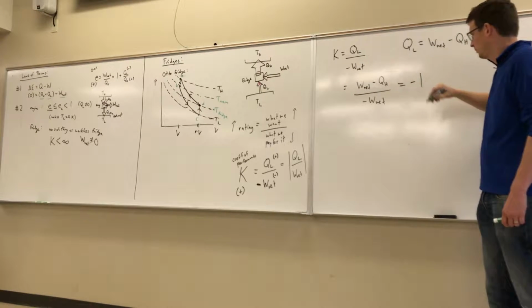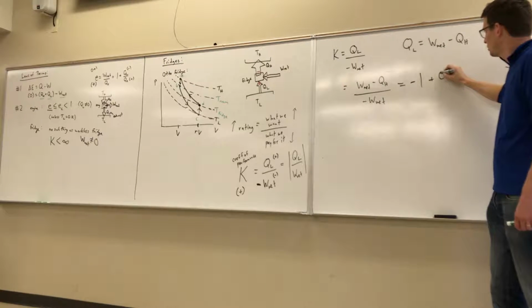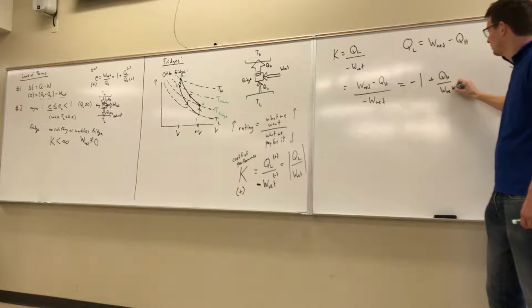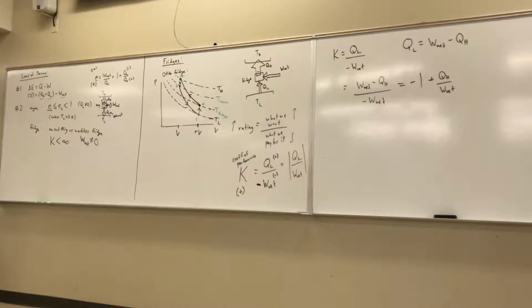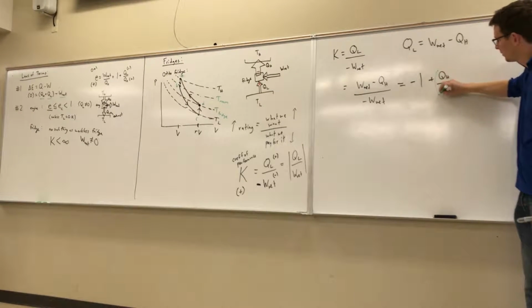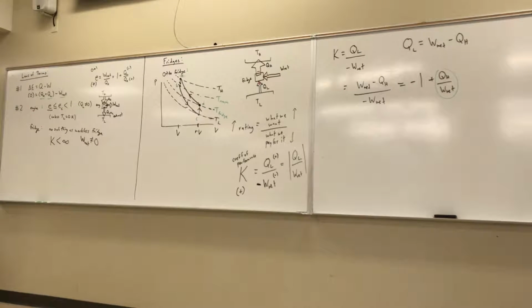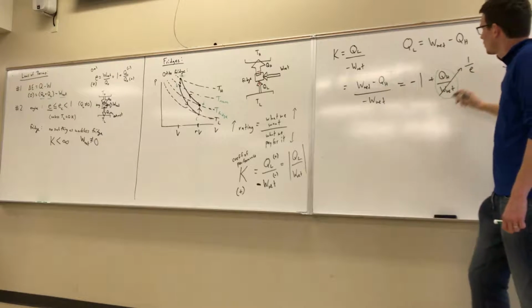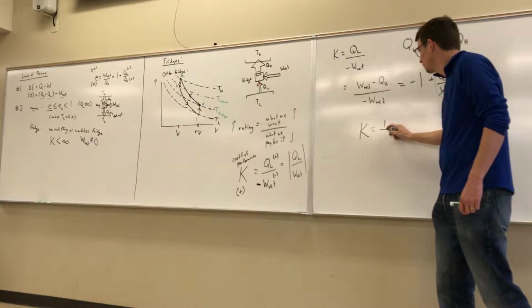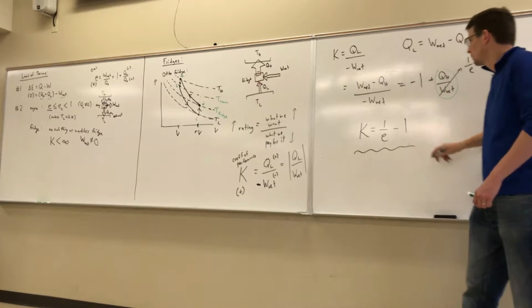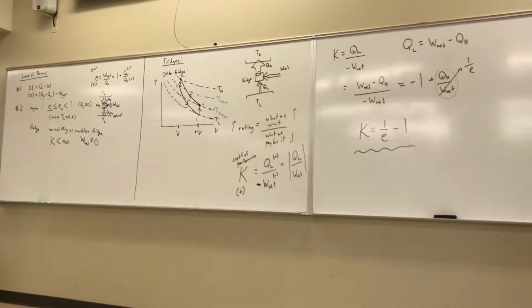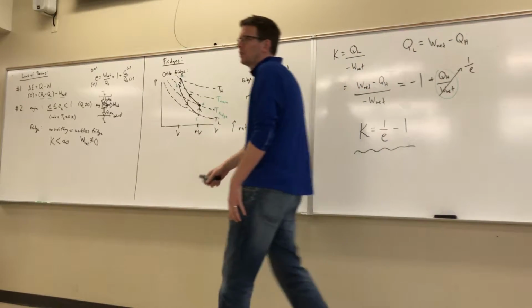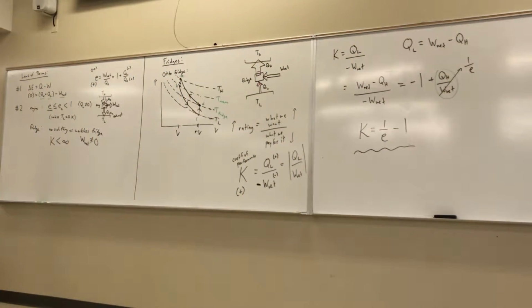I get minus 1 plus QH over W net. And this quantity right here is actually 1 over the efficiency. So here I have the relationship between coefficient of performance and efficiency. So if I run a cycle one way versus the other way, it tells me how they compare.